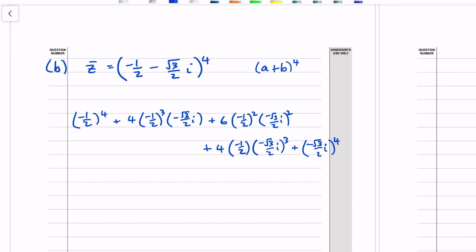Now your graphics calculator is going to do a lot of this for you, but we are showing our working here. So negative 1/2 to the 4, the first term there, is 1/16.